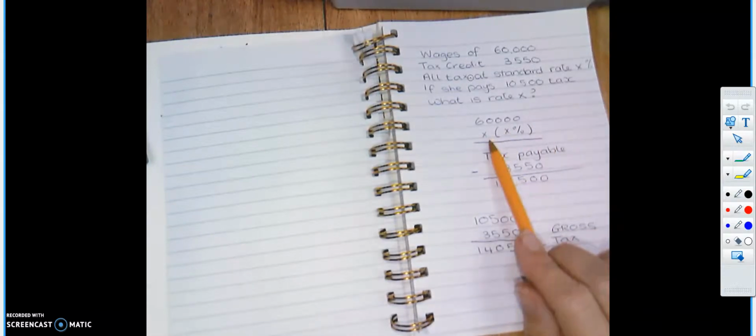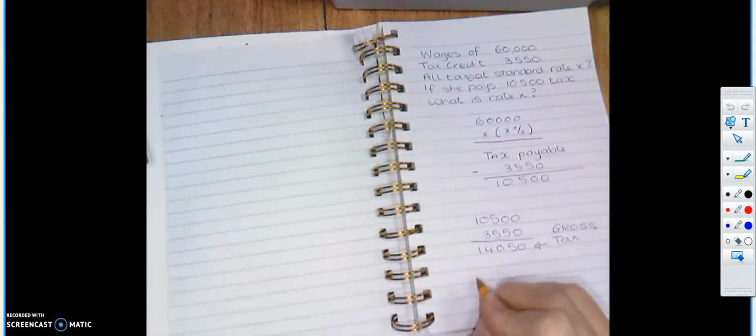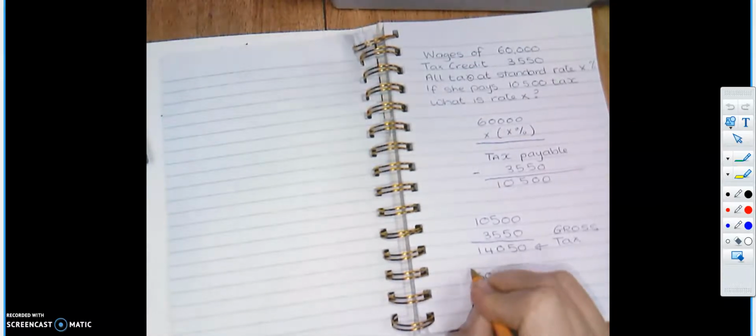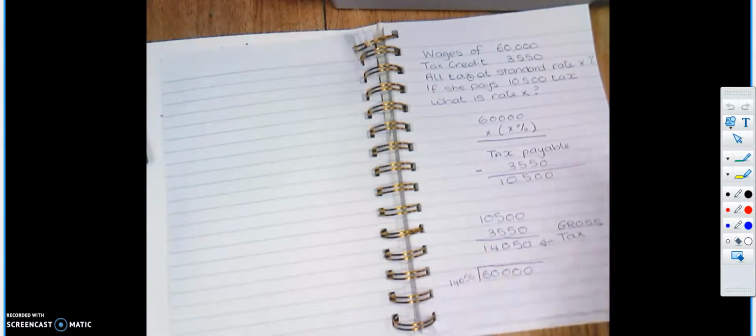We know the gross tax is a percentage of this. So normally we multiply, so we do the opposite of multiply. So in this case, we are going to divide 60,000 divided by our 14050.